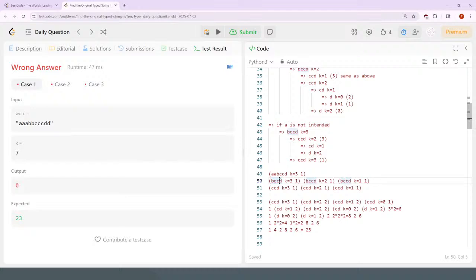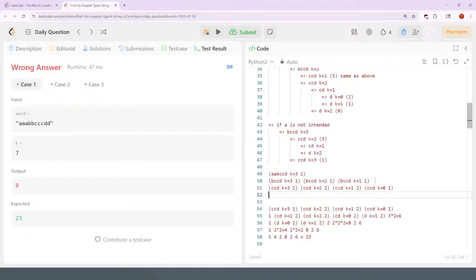I could go to ccd K equals 2. Or ccd K equals 1. Or ccd K equals 0. Okay. This last one, I'll put that to the final.